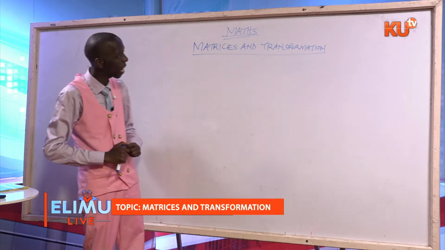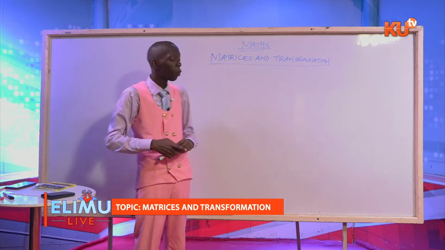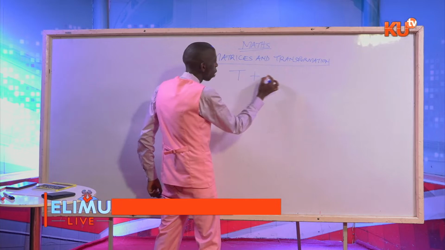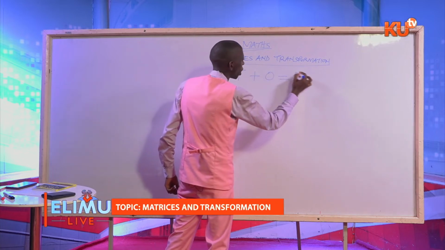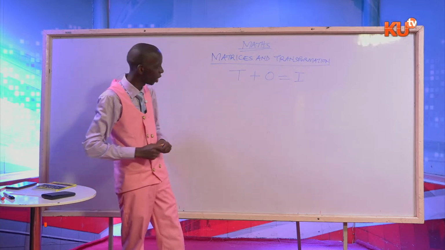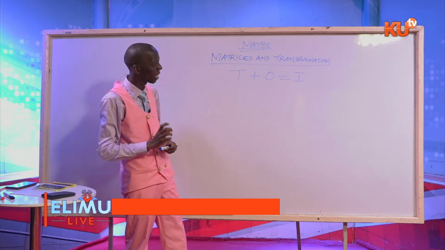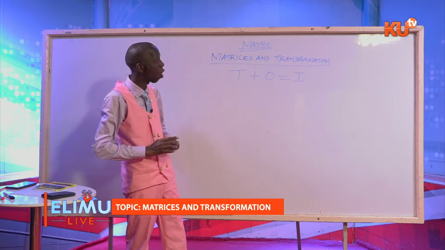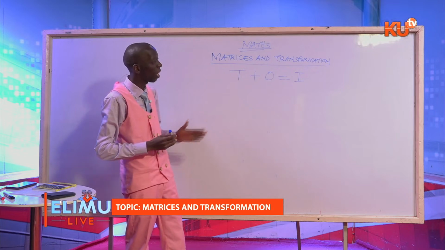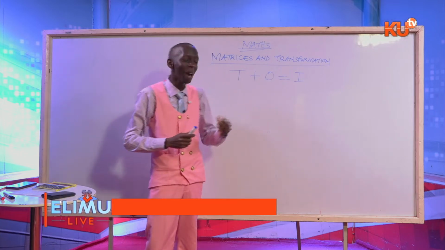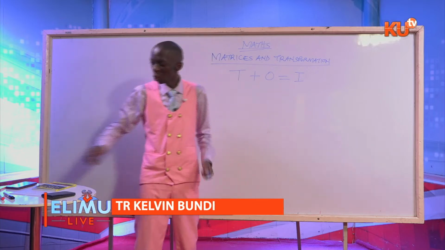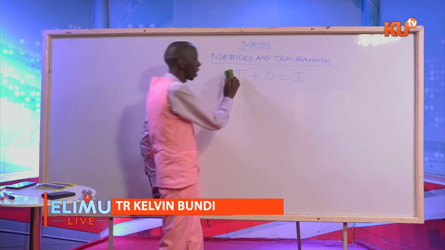The last time I was here teaching about vectors, we talked about a translation vector plus object to give us the image. Today we are going to use the same concept, but now with a matrix and not a translation vector. We'll see how the matrix can transform an object to give us the image.